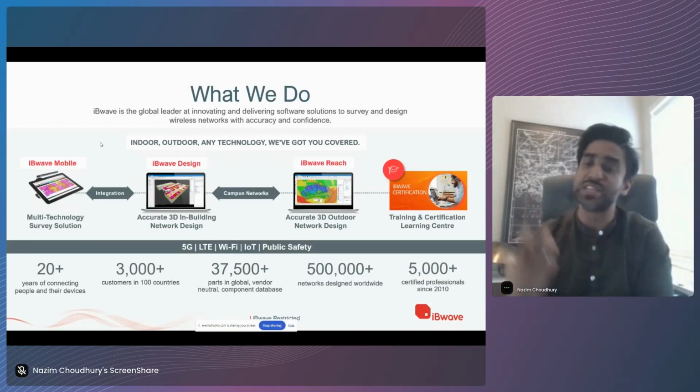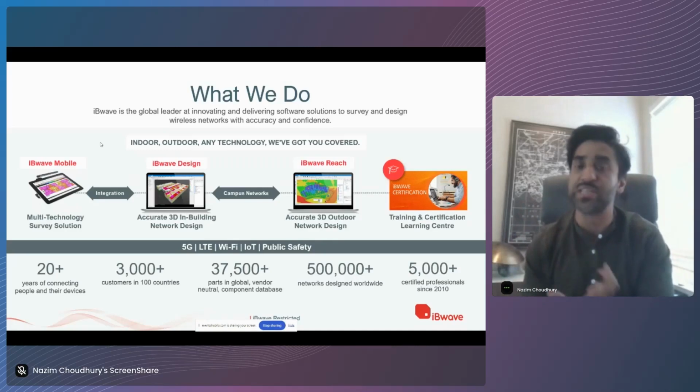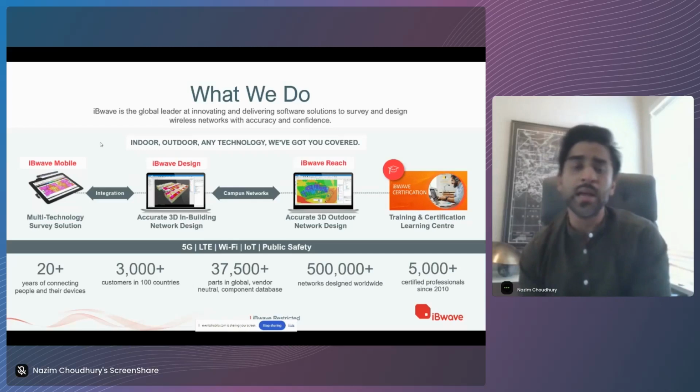So leveraging the information that you pulled in your survey, the architecture, the interference, allowing you to properly design and deploy your network. So if it's a 5G network, an LTE network, a Wi-Fi network, just being able to plan accordingly to what you're seeing in real life out there at the venue.